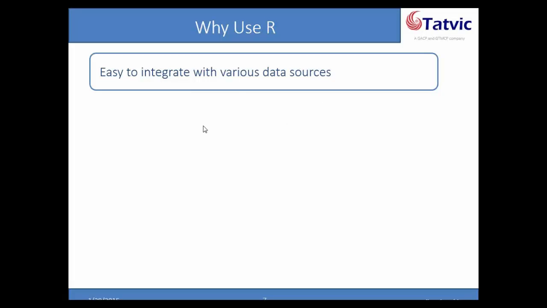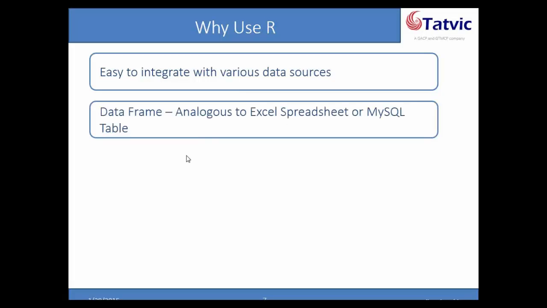Once you have gotten your data from your source to R, it resides in a data structure called a data frame. You can consider a data frame as an analogy to an Excel spreadsheet or a MySQL table. So think of all the operations that you perform on an Excel spreadsheet: pivot tables, filtering, sorting, VLOOKUP, and so on and so forth. All of these can definitely be replicated with R.